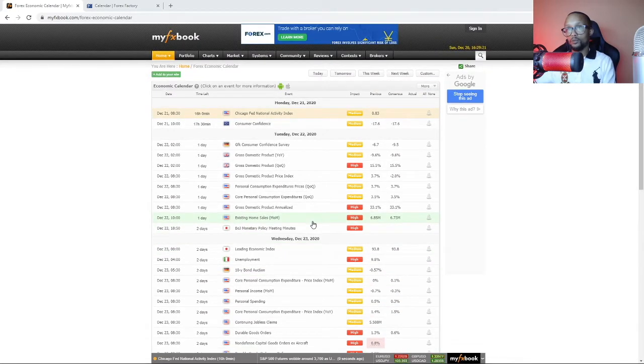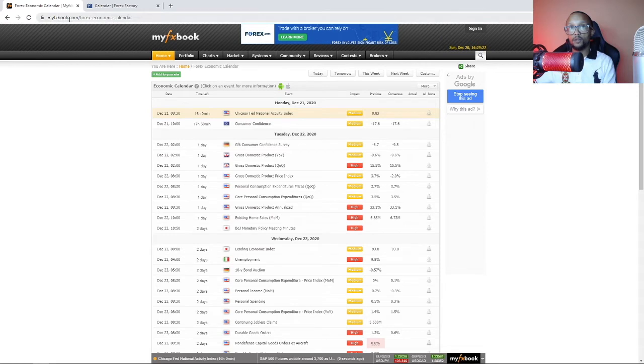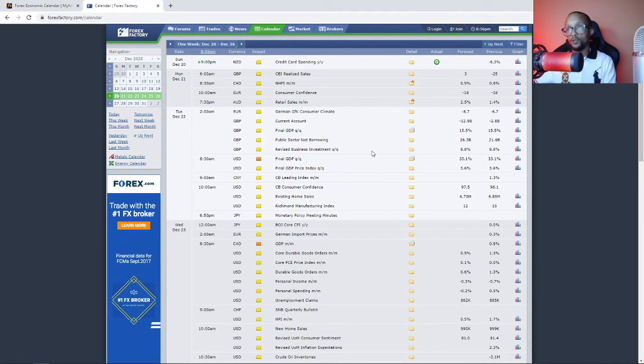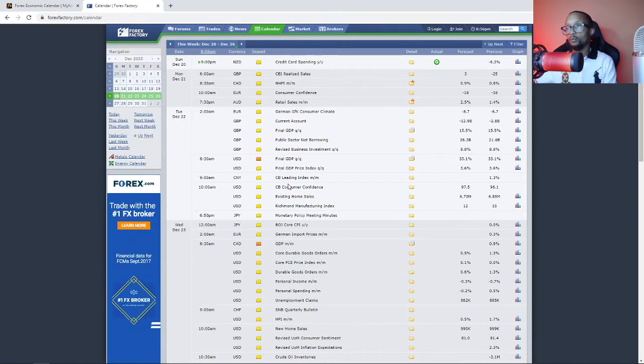So with all of that being said, another great website, we were looking at my FX book here. You can also use Forex Factory, which gives you all the same information. Sometimes you'll see different news events tracked back and forth between the websites, but they're both pretty accurate, pretty consistent.